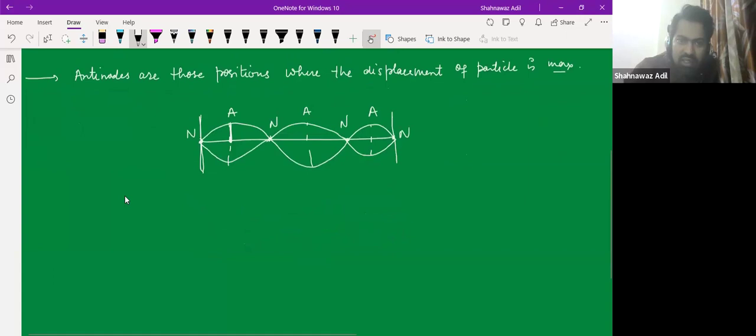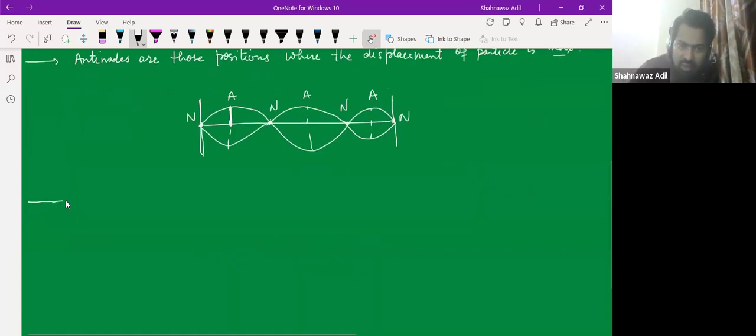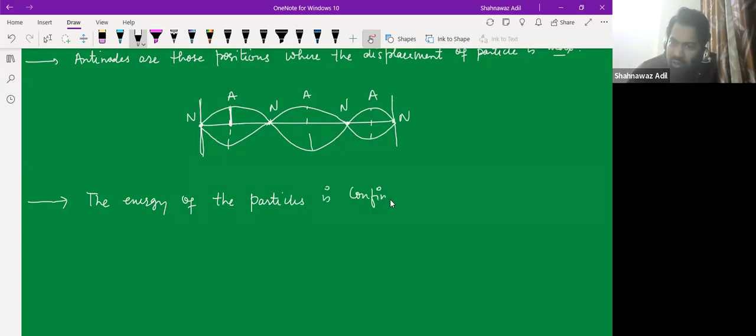And again, the other peculiar property is that the energy of the particle is confined within the boundary.